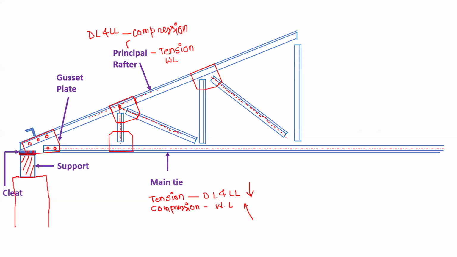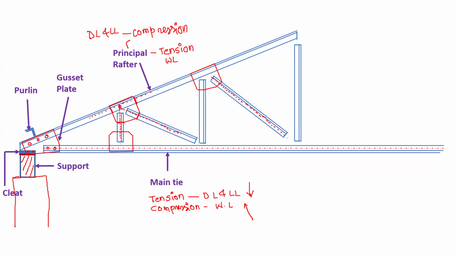Now we have this as purlin. Already we have seen purlin we are going to use to connect two trusses, and it also supports the roofing material.